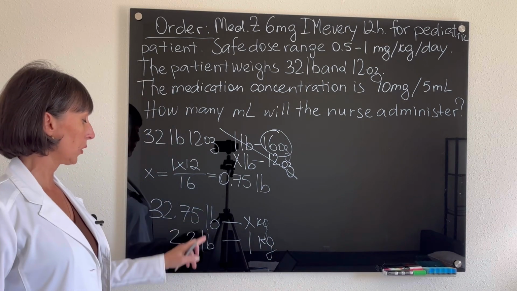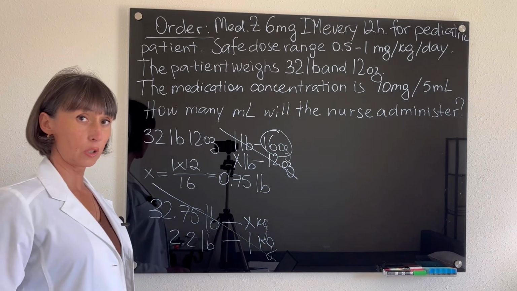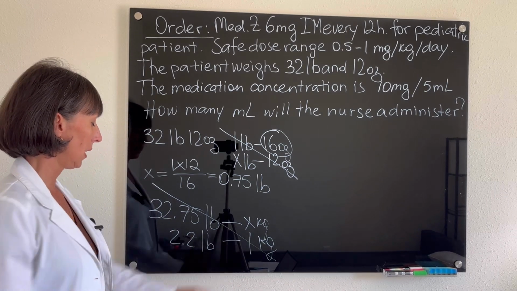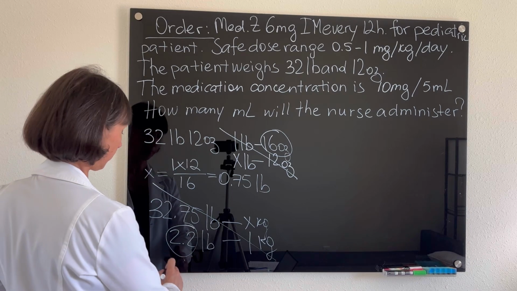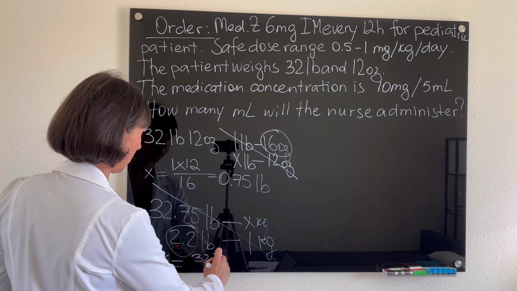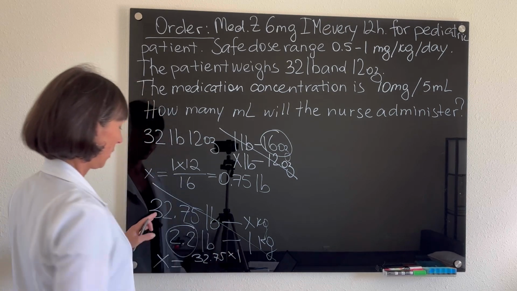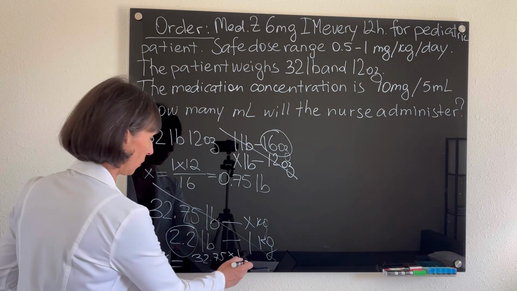Again, I'm checking pound and the pound, kilogram and the kilogram. I found my diagonal with two numbers that I can multiply, and I'm going to divide by 2.2. 32.75 times 1 divided by 2.2.